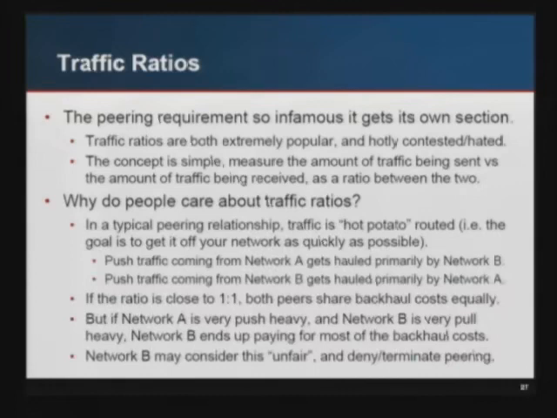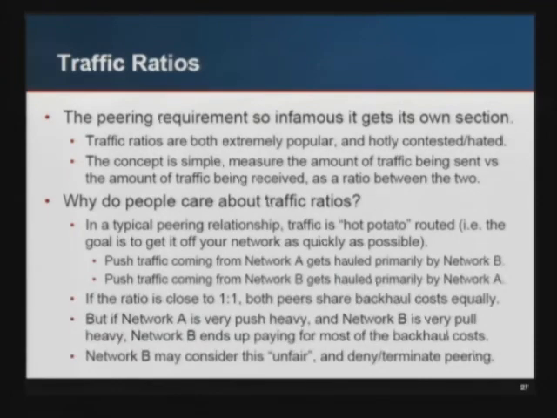In a peering relationship like we talked about before, traffic is going to be hot potato. That means I want to get my traffic to your network as quickly as possible. You want to get your traffic to mine as quickly as possible. So what that means is the person that is taking the traffic inbound typically has higher costs associated. They haul the packet across the majority of their network, and the other person hauls the packet over very little of their network.